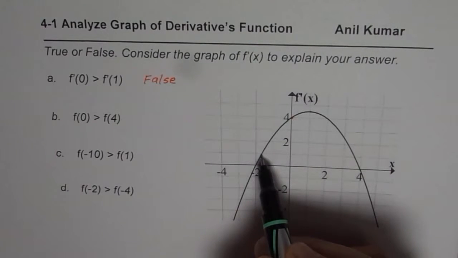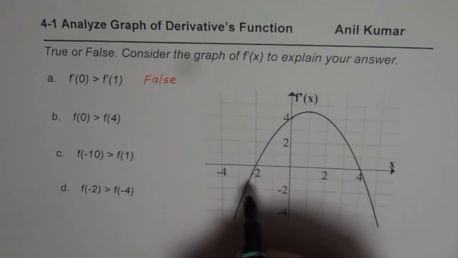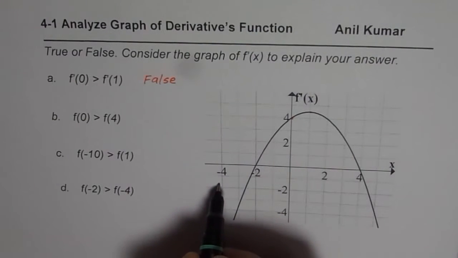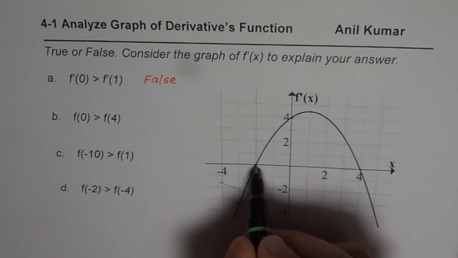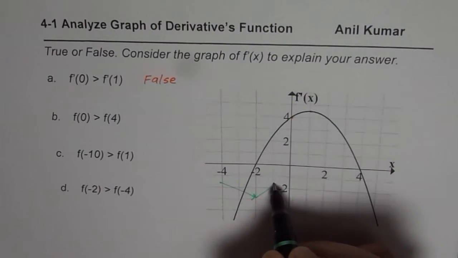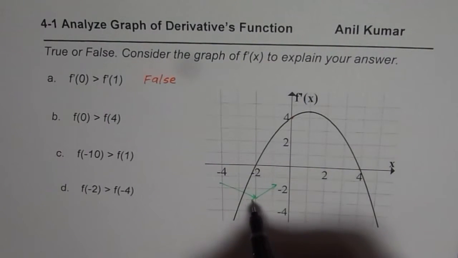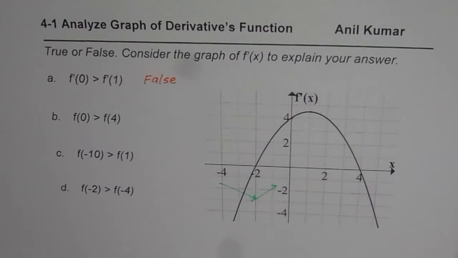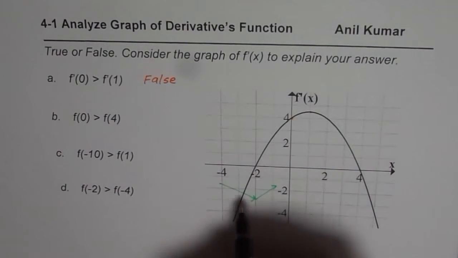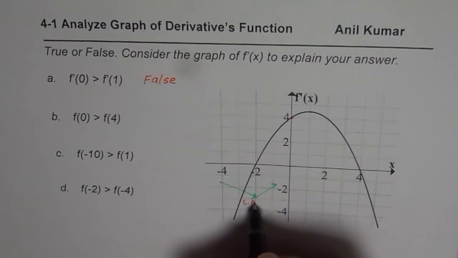That is to say the derivative is negative, so the function is going down, and after minus 2 it is going up. That means we have a local minimum at this point.